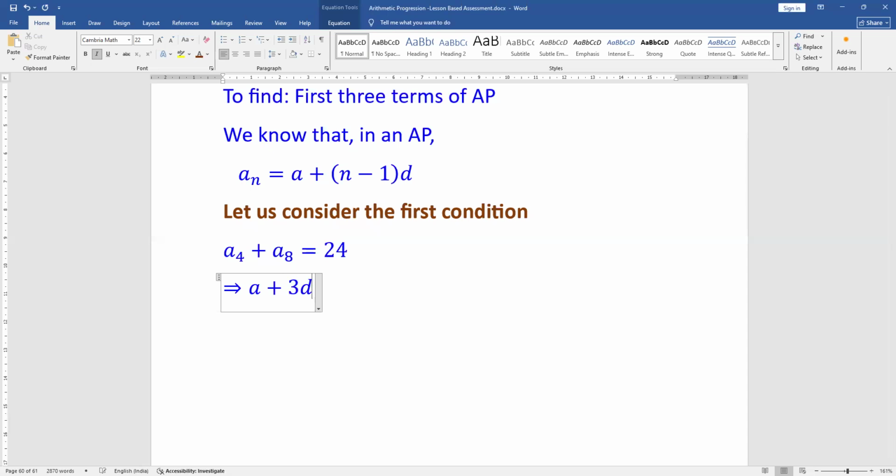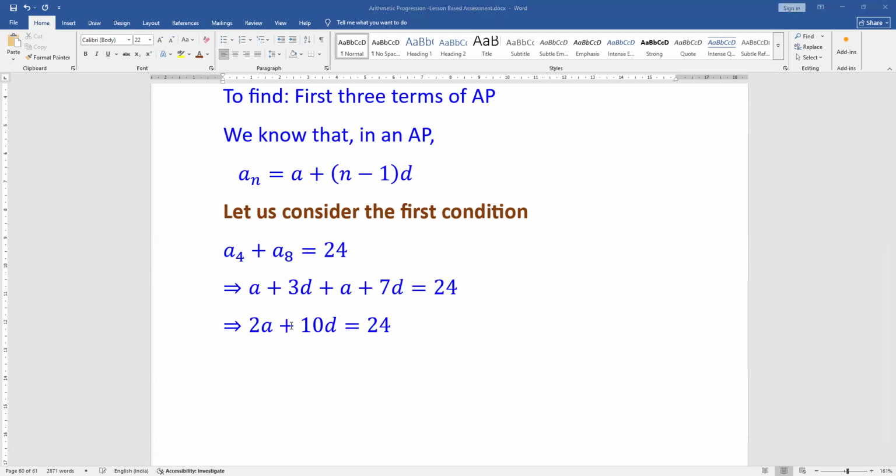A plus 3d plus A8 is nothing but a plus 7d equal to 24. Then next, a plus a is 2a. 2a plus 3d plus 7d will give you 10d equals 24.